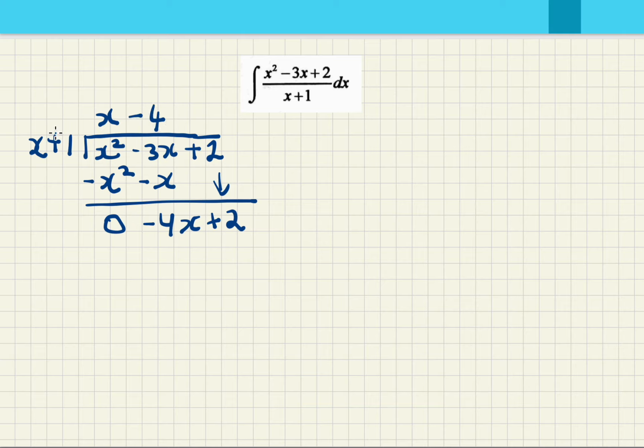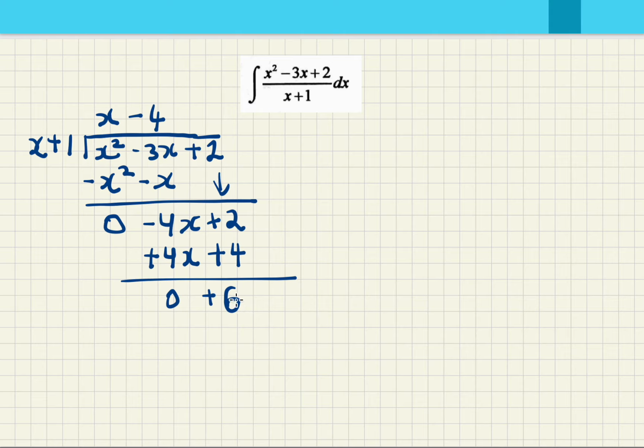Negative 4 times x gives you negative 4x. So now negative 4x, invert the sign, so it becomes positive 4x. And negative 4 times 1 is negative 4, but we need to invert the sign, so we get positive 4. Negative 4x plus 4x is 0, 2 plus 4 is 6, so that is 6.